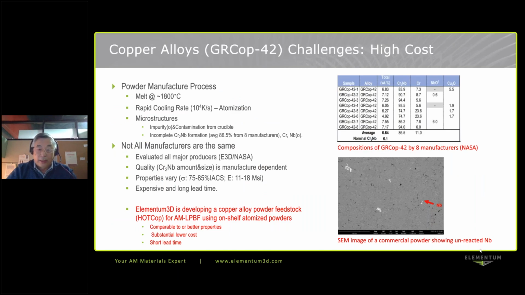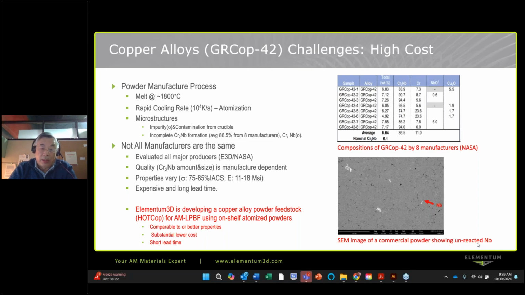So let's talk about copper alloys. We're focusing on, for example, GRCop-42. This is a chromium and niobium alloy. Basically, you have 4 atomic percent chromium and 2 atomic percent niobium.